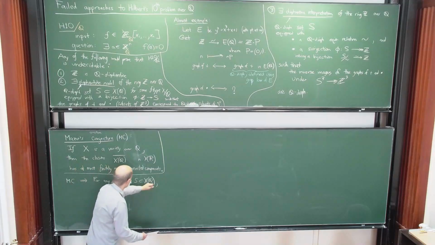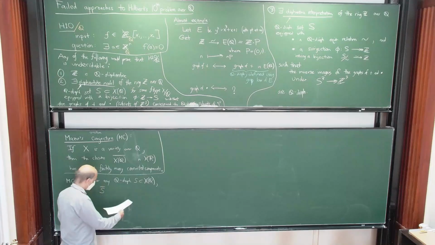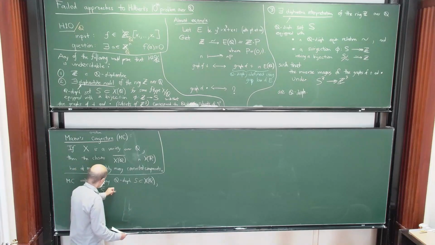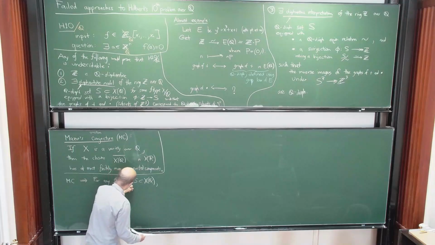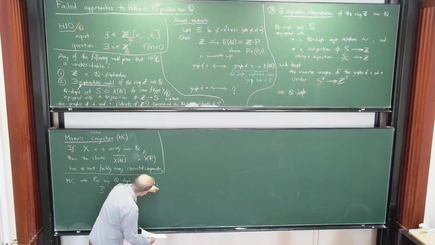So it means that the closure of this inside X(R) will have finitely many connected components. And so why is this true?